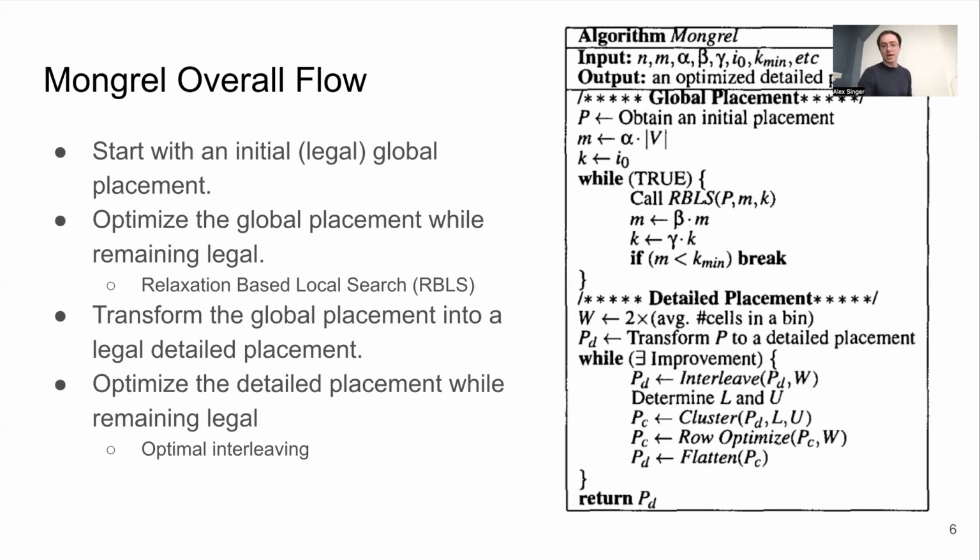For example, if they call Rebels and it makes the current placement P worse, they won't accept it. So it consistently only makes decisions that improve wire length. I'll show you more about this as we get into this algorithm.